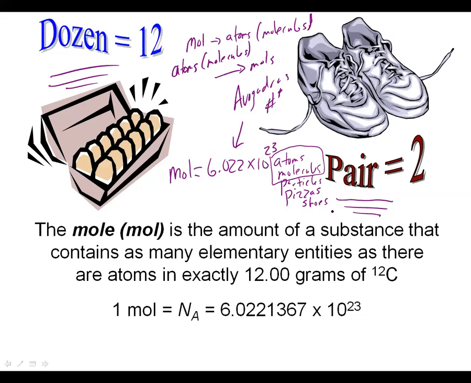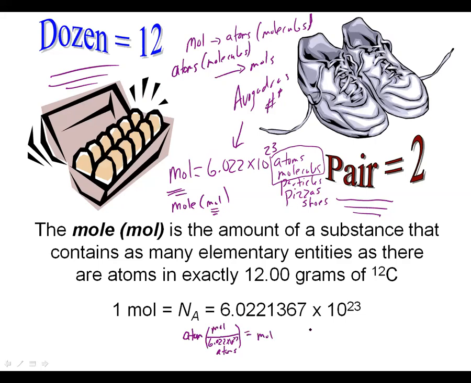And by the way, an important thing in terms of the abbreviation: the abbreviation for mole is actually MOL. Sometimes when people see that, they think molecule, and they start doing wrong conversions. So we would use it as a conversion factor where if we had atoms, we would on the bottom use Avogadro's number, and moles would go on top, and that would get us moles.